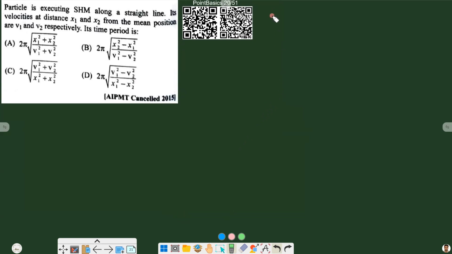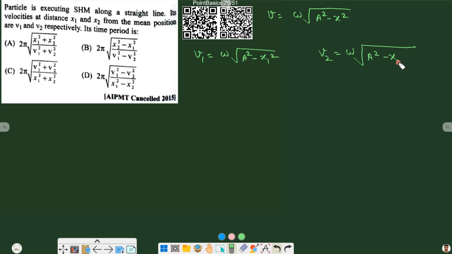We know that the basic formula for velocity is omega times square root of a square minus x square. So we will write velocity for both of these values. v1 is equal to omega root of a square minus x1 square, and similarly v2 is equal to omega root of a square minus x2 square.